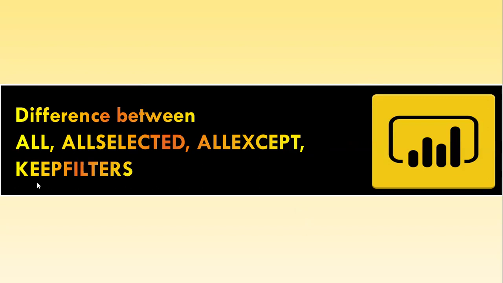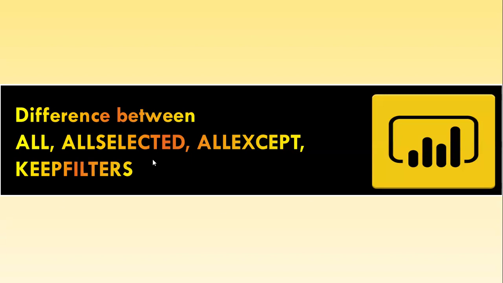Next one, KEEPFILTERS. What is KEEPFILTERS? It preserves existing filters. What do you mean by existing filters? The row level filter, column level filter, while applying additional filters in the current context. For example, KEEPFILTERS inside the parenthesis, if you specify city equal to Bangalore, in addition to the row level filter, like where category equal to furniture and city equal to Bangalore.